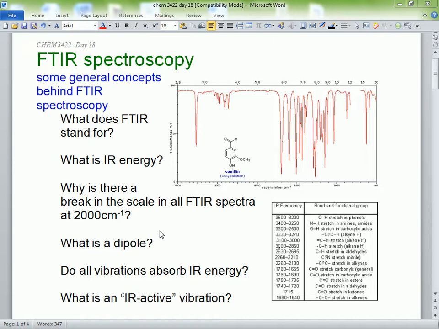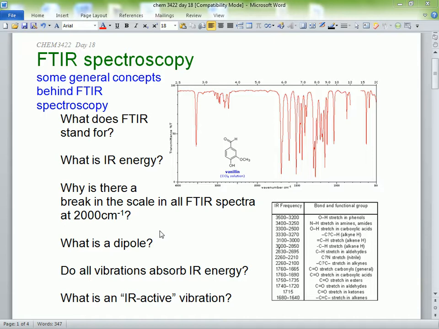But red is a longer wavelength than violet, right? So infrared is going to be even longer, which means lower energy.